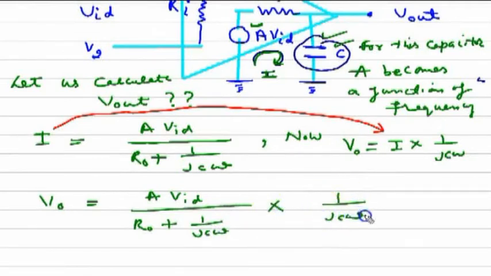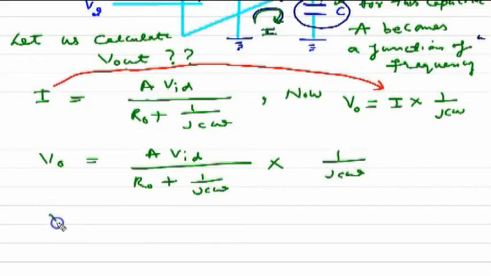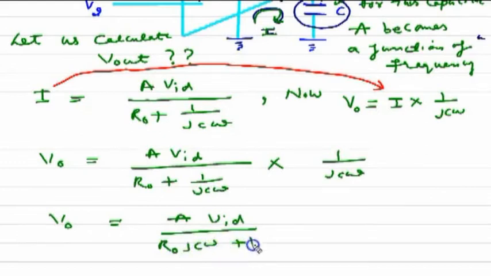Now we simplify this expression, taking the LCM on the denominator, and this becomes R naught jC omega plus 1, and then this is not a plus sign here, it is a multiplied sign, actually it is a mistake. So divided by again jC omega, then this is a multiply sign and this is now corrected, 1 over jC omega.